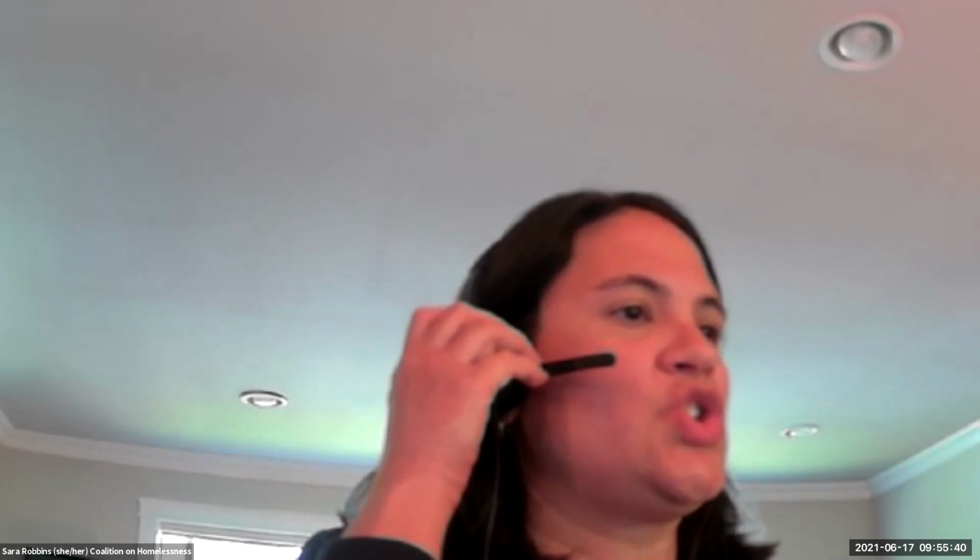I did drop a note in the chat that we will be covering the child tax credit in more depth at our July meeting, including what it means for families you're working with, how they can access the tax credit if they have not filed taxes, and what advocacy you can do. Any questions?